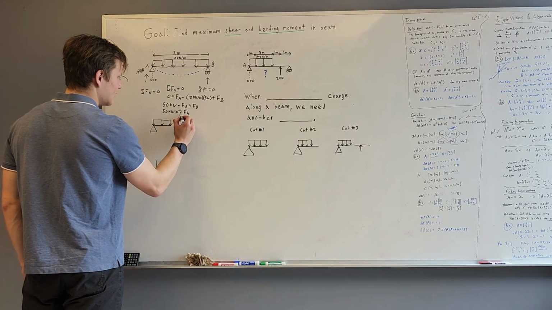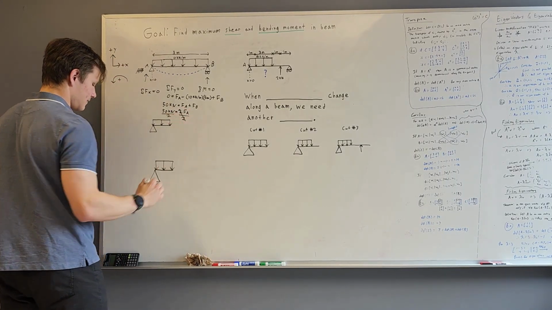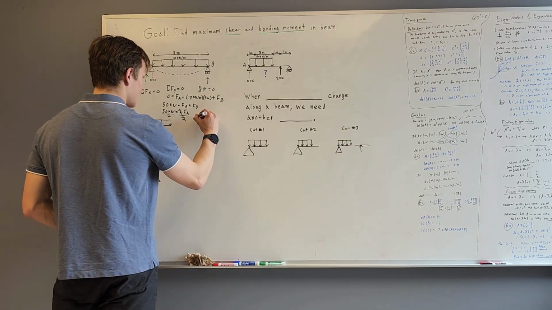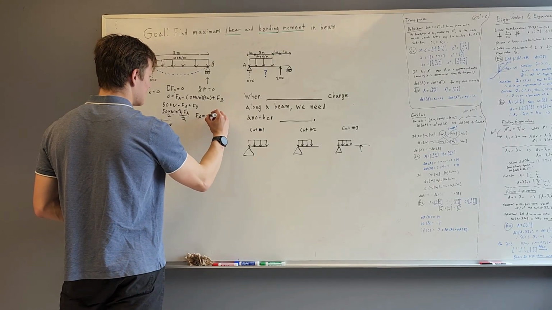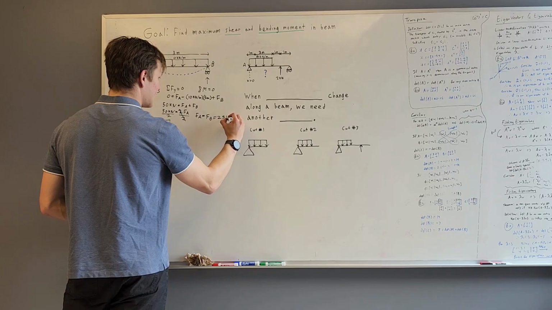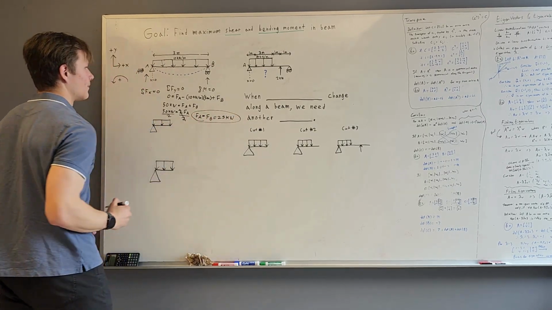And then we can simply divide by 2, and then we get FA, which we know is equal to FB due to symmetry, equals 25 kilonewtons. So there we go.